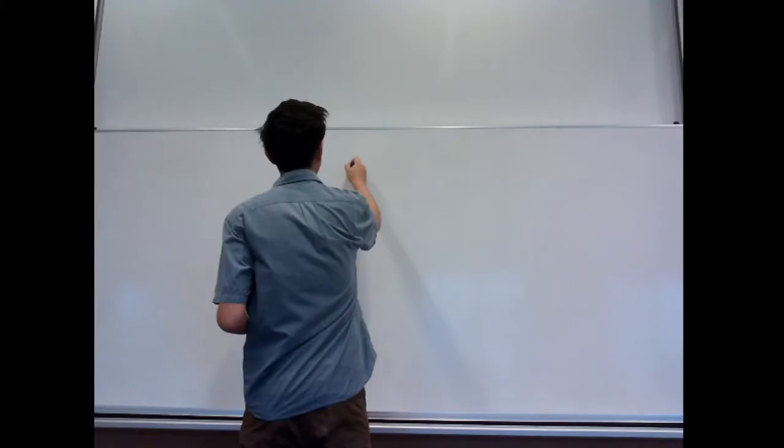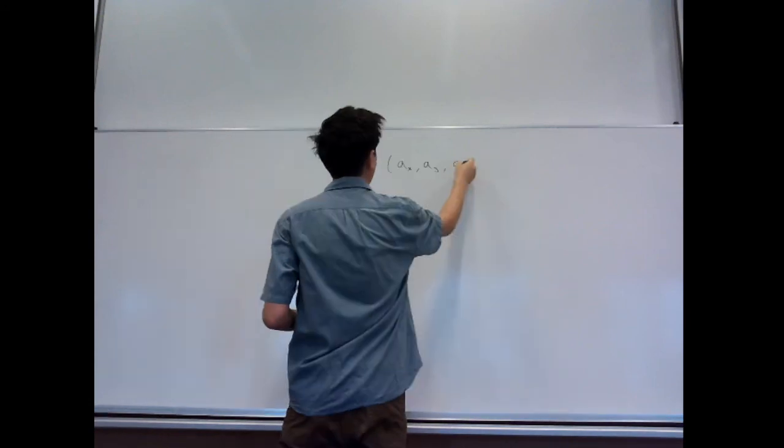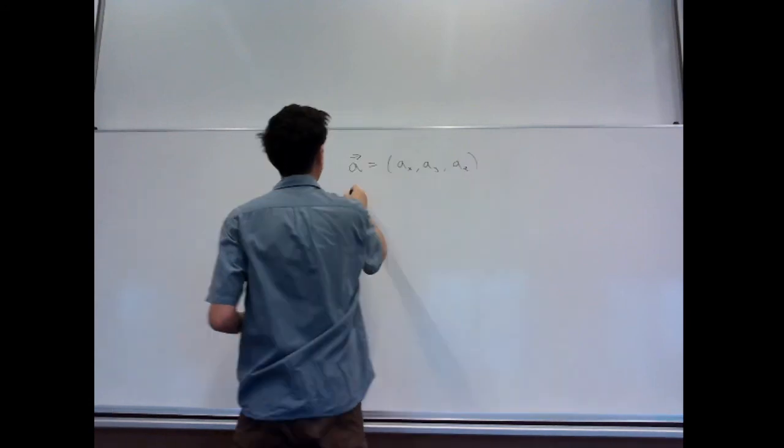If you had 2 vectors, A was Ax, Ay, Az, and B was Bx, By, Bz, then this vector product has this particular rule.